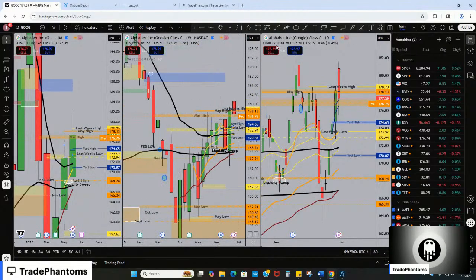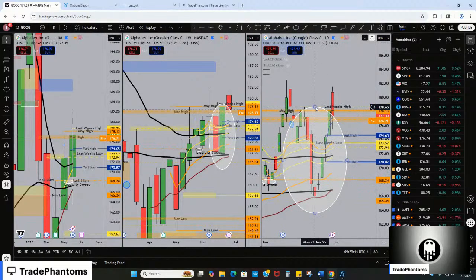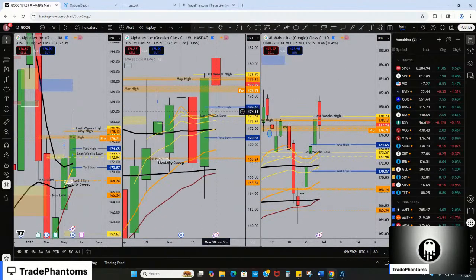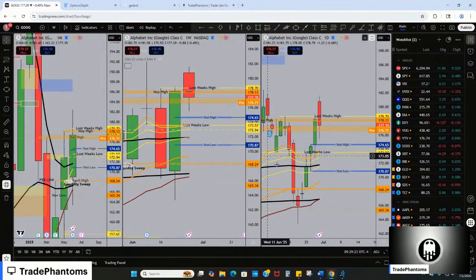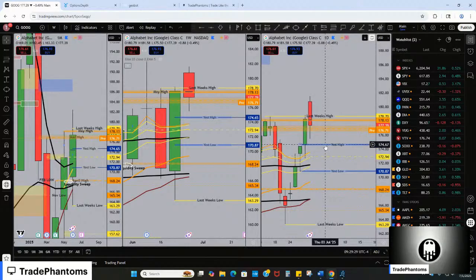Weekly gave us a nice little positive close, similarly to Amazon. Nice pullback yesterday. Google's one of those tickers that if it goes, it really goes, but sometimes it can be a little bit annoying because of the chop in the range, how it's been trading.